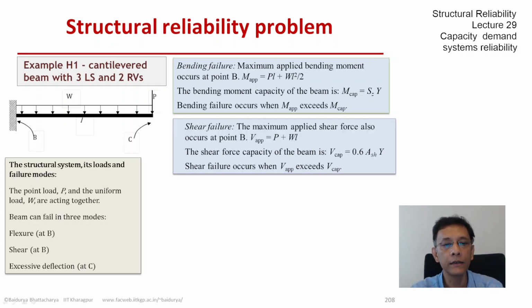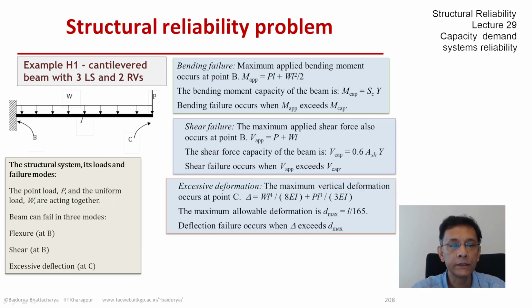Coming to shear failure, the applied shear at point B is P plus WL. The shear force capacity is 0.6 times the area resisting shear times the yield strength, and shear failure occurs when the applied shear exceeds the capacity.